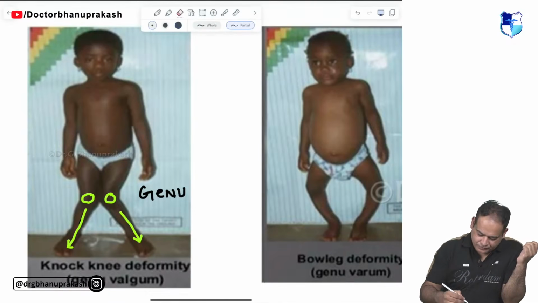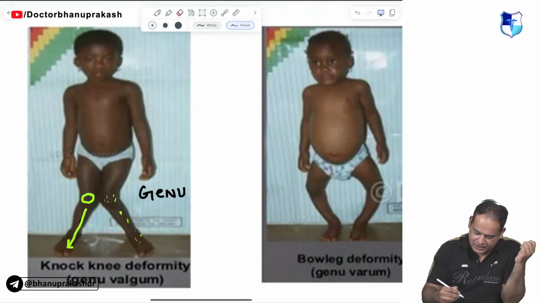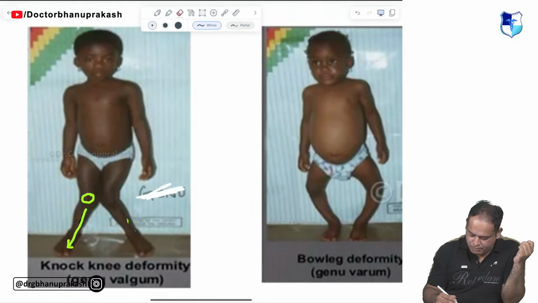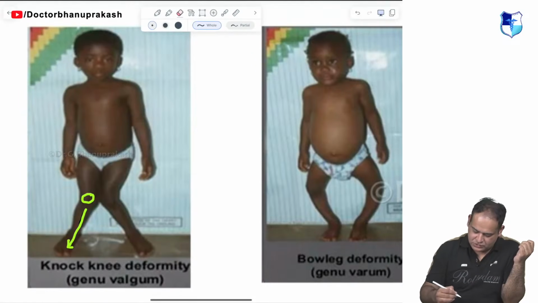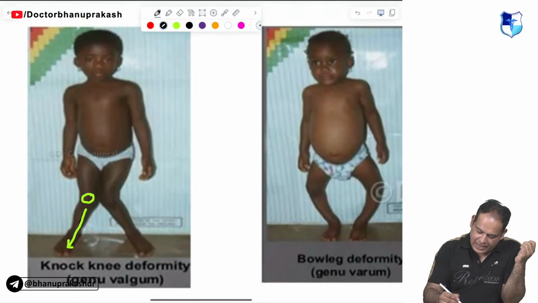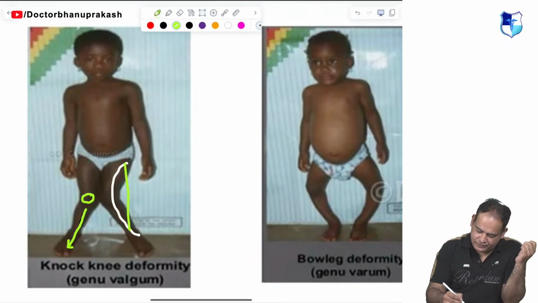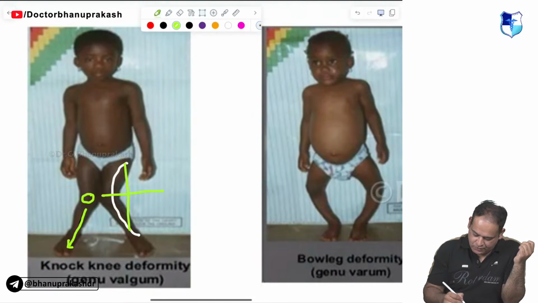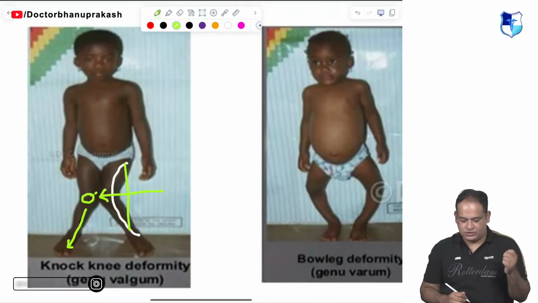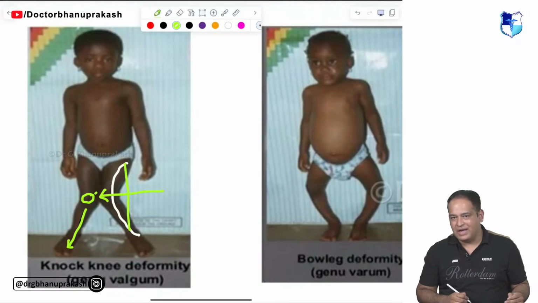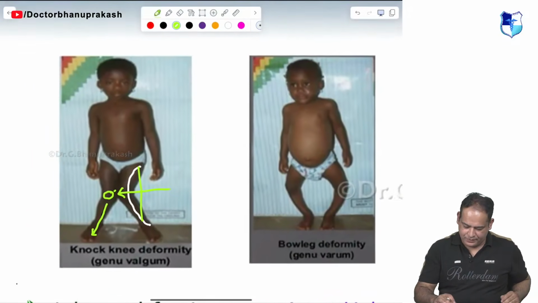Now genu valgum is also called by some other name. Genu valgum is also called bow leg. Like this, you see, this is a bow string, right? And then an arrow.